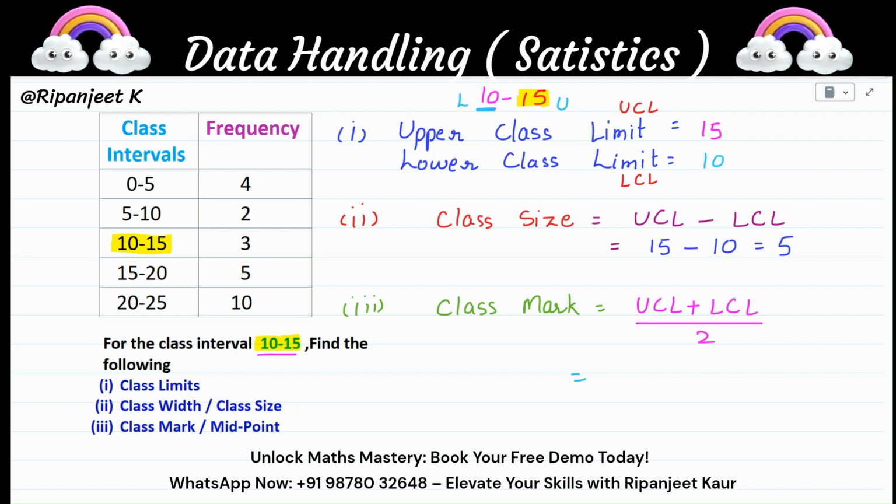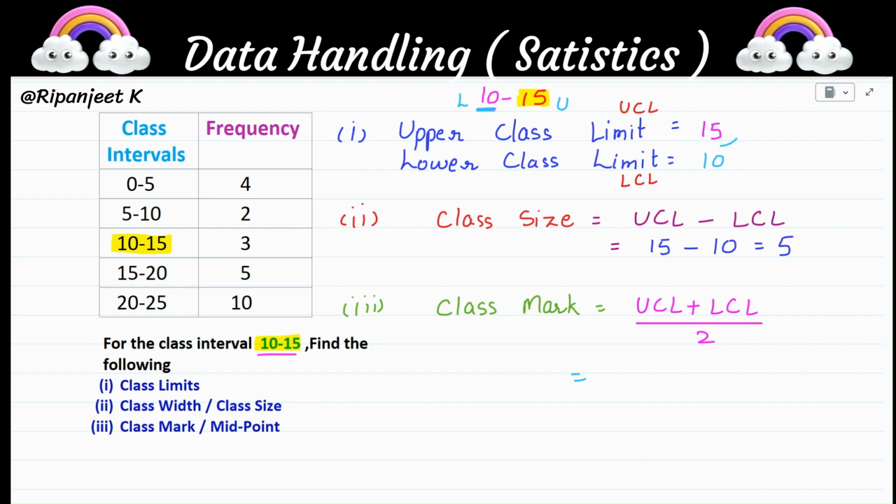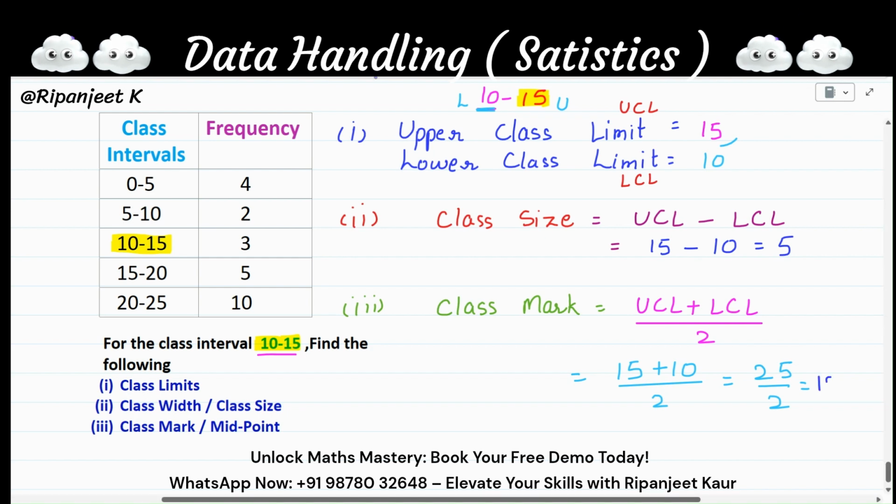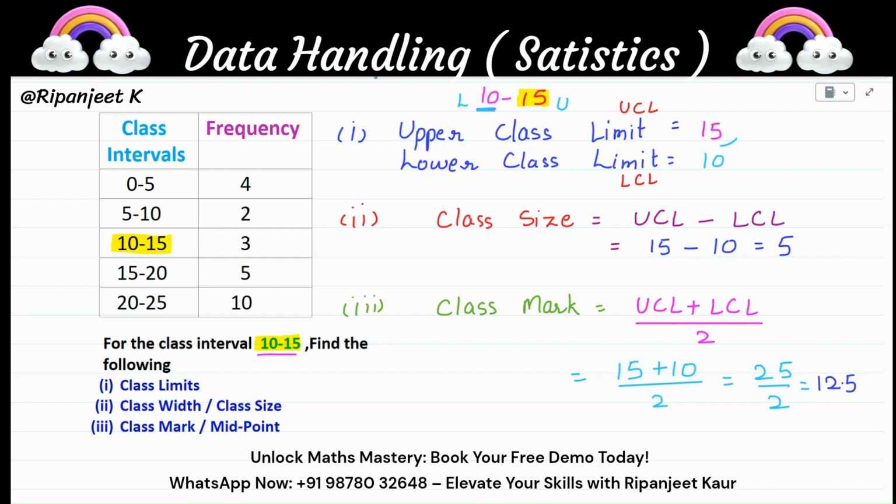The upper class limit is 15 and the lower class limit is 10 for the interval 10 to 15. So 15 plus 10 divided by 2 is 25 divided by 2, which gives us 12.5. So the class mark for the interval 10 to 15 is 12.5.